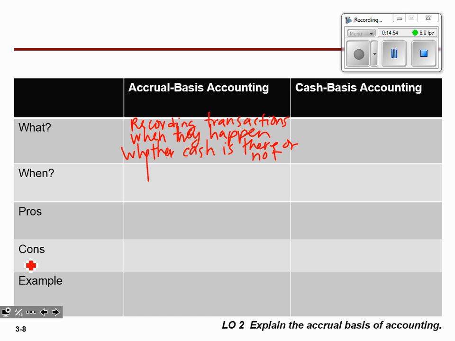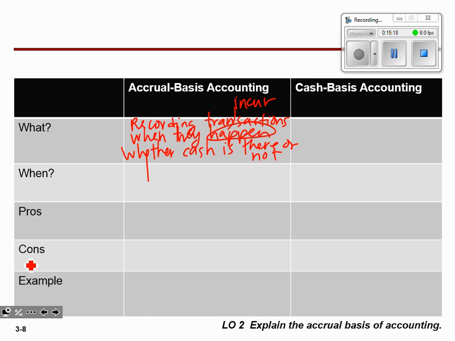Got the haircut? Great. Whether cash is there or not, it happened in December of 2018. It happened, we record it. Another word for happen is incur. It happens. We incur that revenue or we incur that expense.